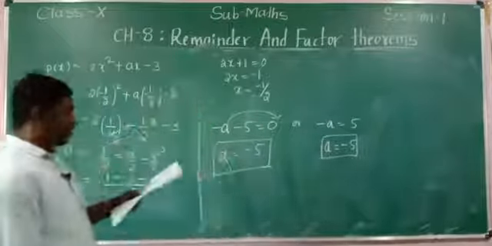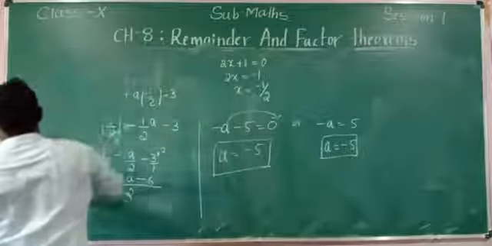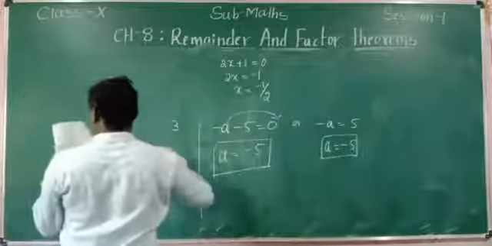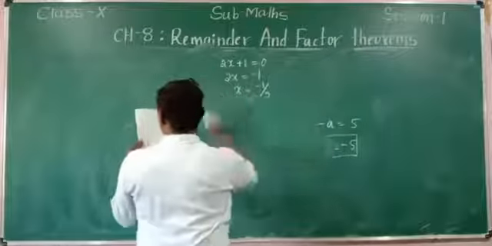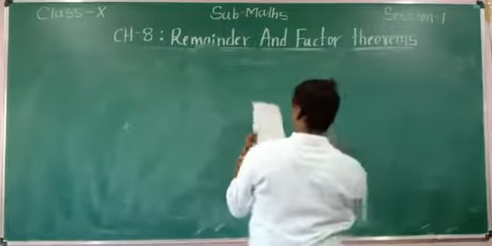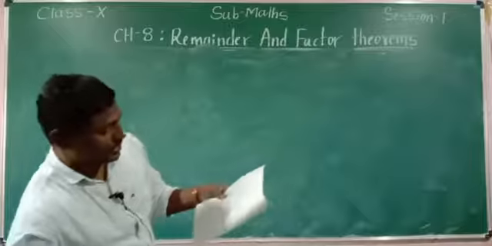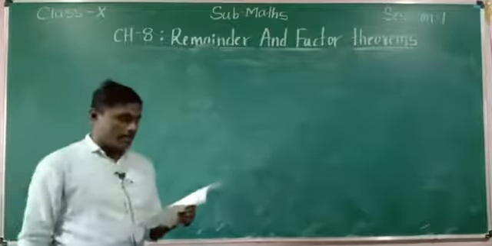Find the value of a if the division of ax cube plus 9x square plus 4x minus 10 by x plus 3 leaves a remainder 5.